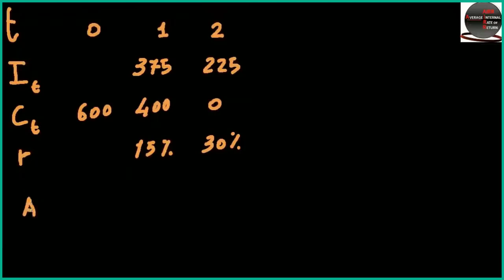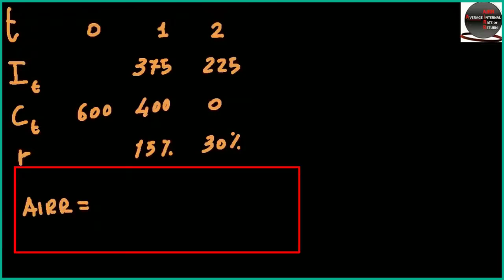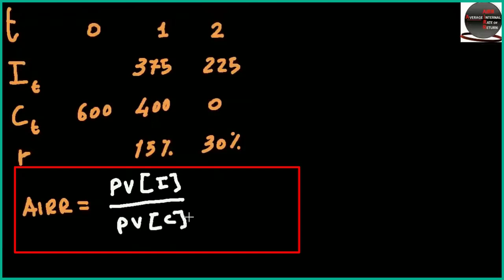The project rate of return, AIRR, may be defined as the present value of all the incomes divided by the present value of all the capitals, and this is an instantaneous rate of return, multiplied by conversion factor, which is 1 plus R. And this is the case when the cost of capital is constant.